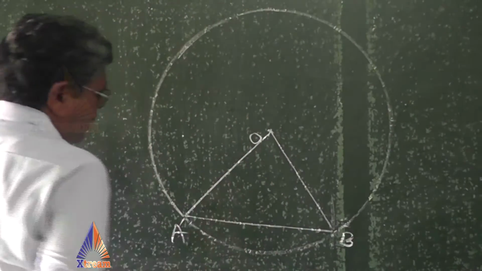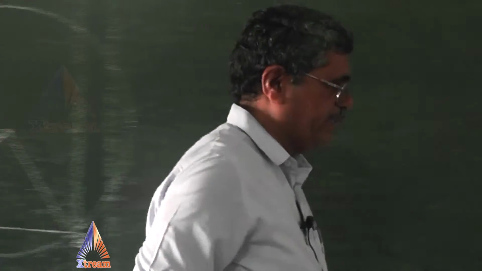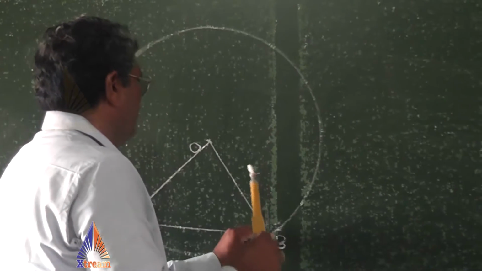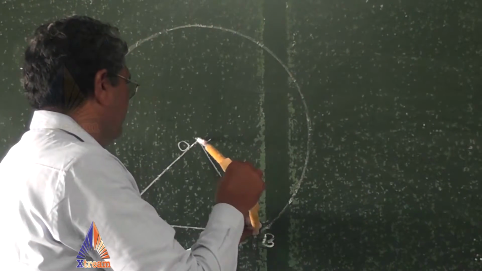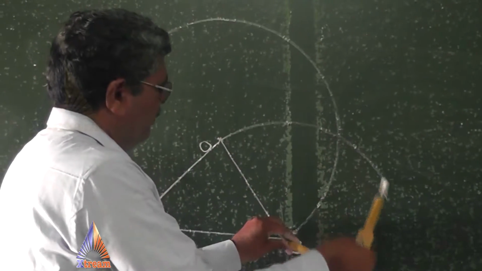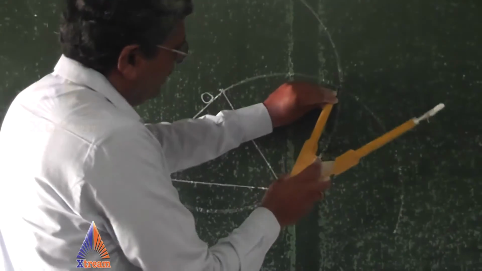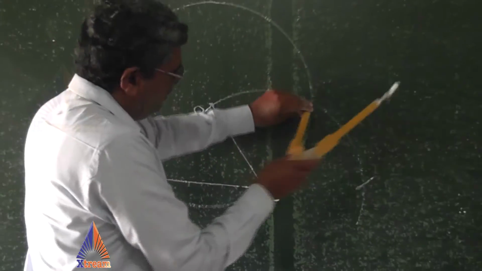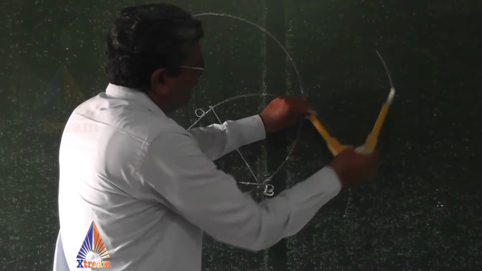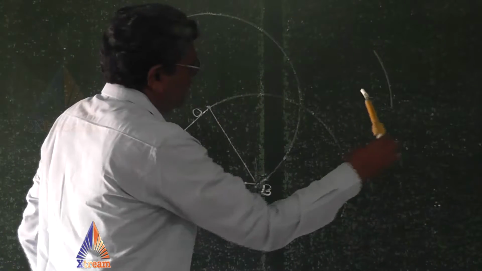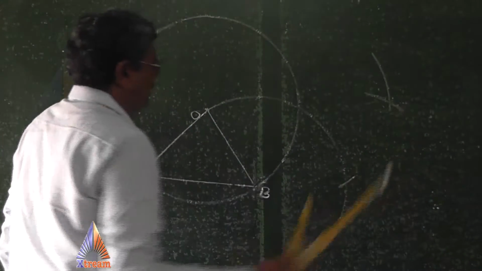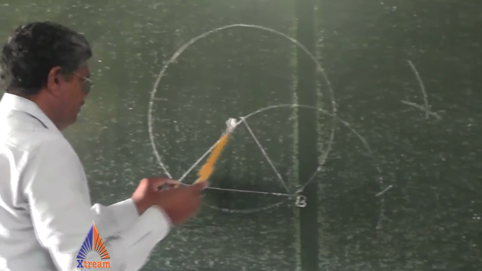So AO and BO are the radii. The points are taken as A and B, then the radius should be the same as the radius of the circle. So this is already one of them, then mark. So this is the base, we can take it like that. Same radius is there.